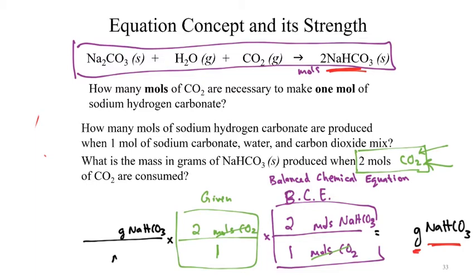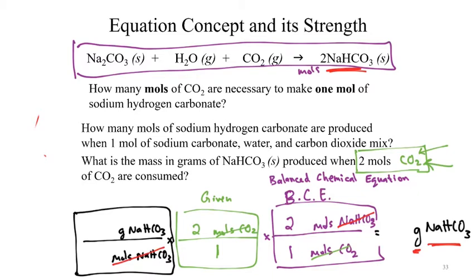I also know that moles of sodium hydrogen carbonate needs to appear in the denominator so that unit can cancel, right? So this is the conversion factor I want to exist. I want the conversion factor that relates mass to moles. And if I have that, I have my answer.